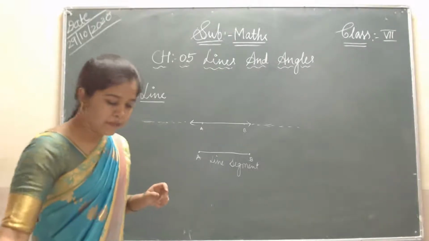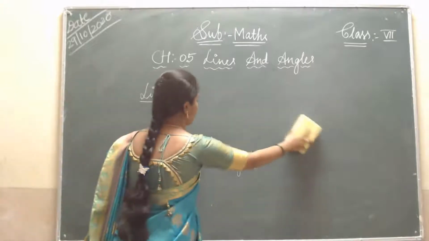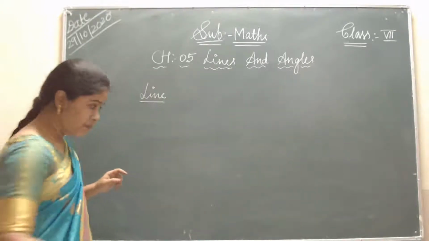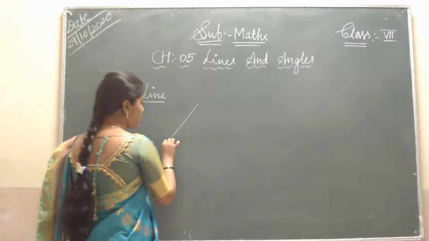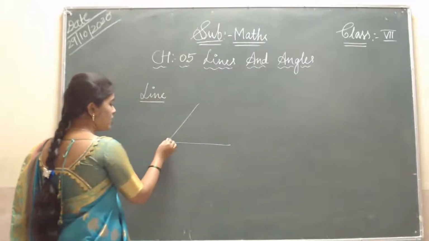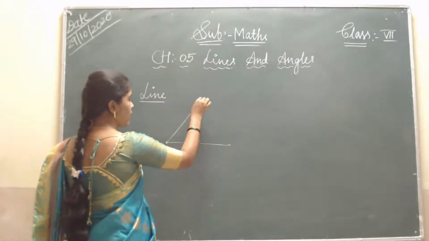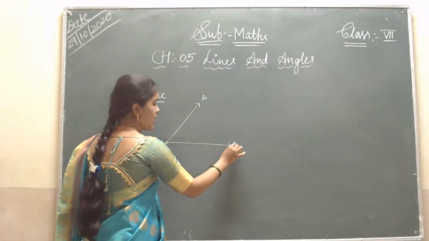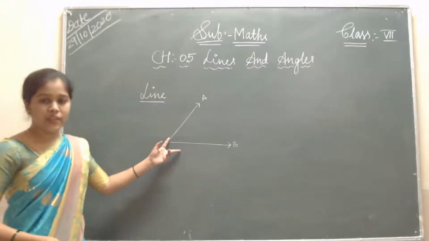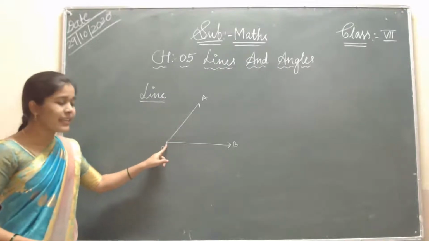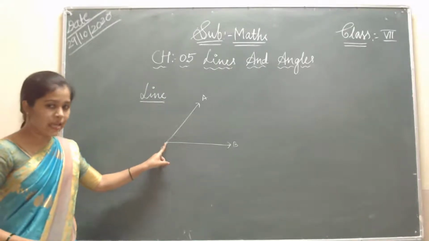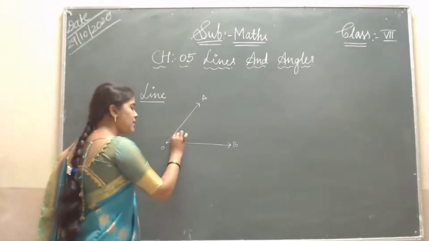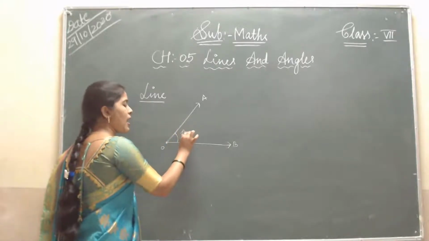Next, an angle. See here. This is vertex O. OA is one ray and OB is another ray. Two different rays meet at the same vertex, the same point. This is nothing but an angle.